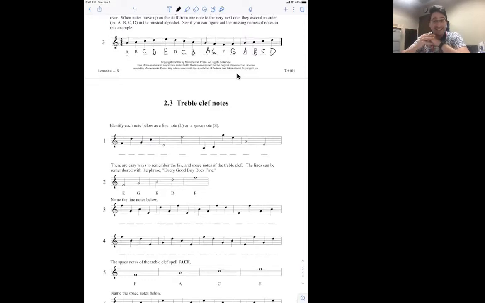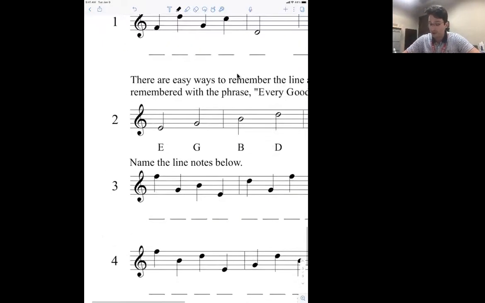Now, there's an easy way that we remember the note names for the lines of the treble clef. We have a little saying. The saying goes, every good boy does fine. And you can see that on the page. And that's because the bottom note of the treble clef staff is an E, then a G, B, D, F. So that little saying will help you identify the lines of the treble clef.